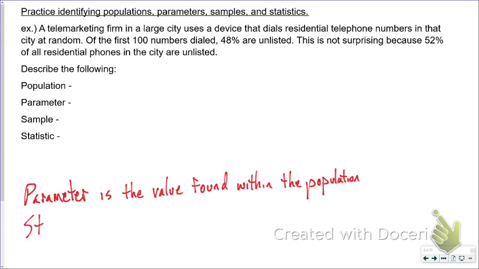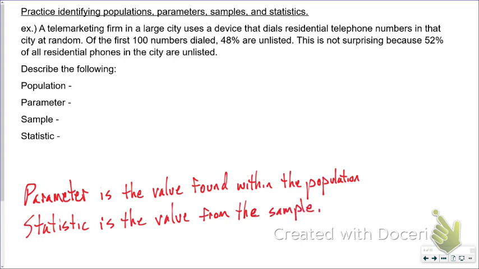Statistic is the value from the sample. So two different measurements, same, if the subject is means or if the subject is proportion, that'll be the same, but we'll have a different group that we're looking at.